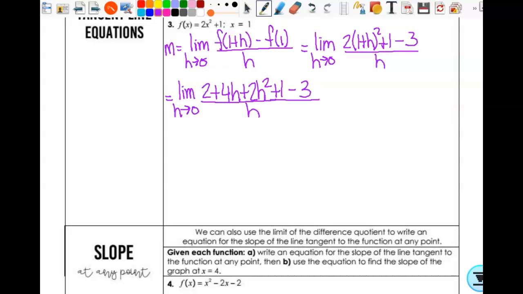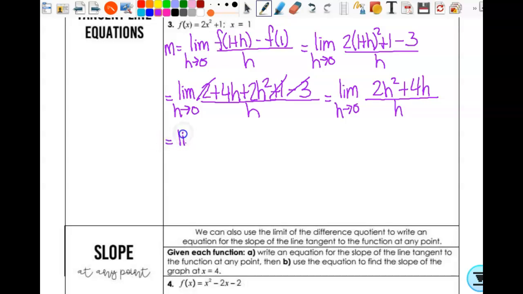So now I'm going to clean that up. And this becomes the limit as h approaches 0 of, all right, so this 2 plus 1 is 3 minus 3 zeros out. And that leaves me with 2h squared plus 4h over h. Then what do we do? Factor out the h.